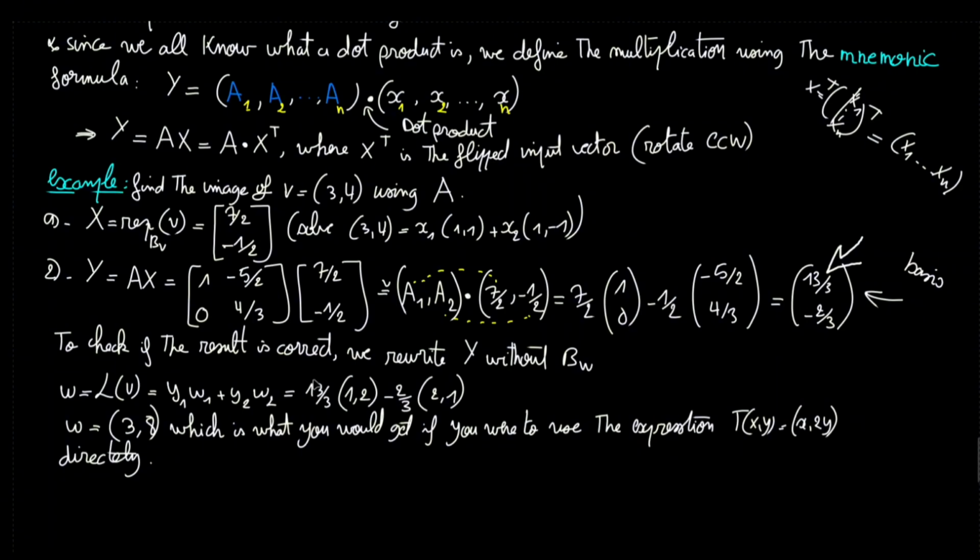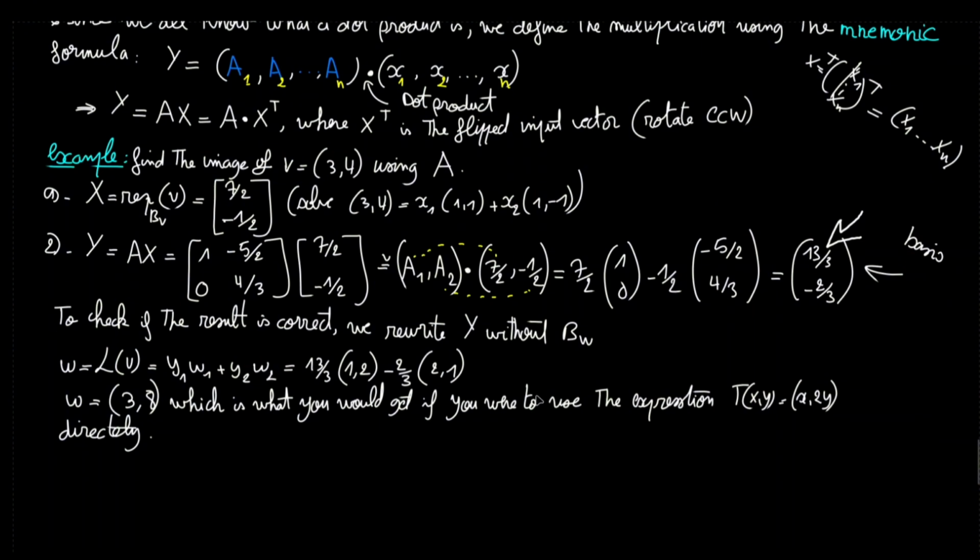It's equal to a linear combination, as I said, but in this case, the coefficients are known. We're actually just looking for the coefficients of this vector here. So by calculating this using a calculator, we get w is equal to 3, 8. This is exactly what you expect from that linear transformation, as we have defined it as x to y.